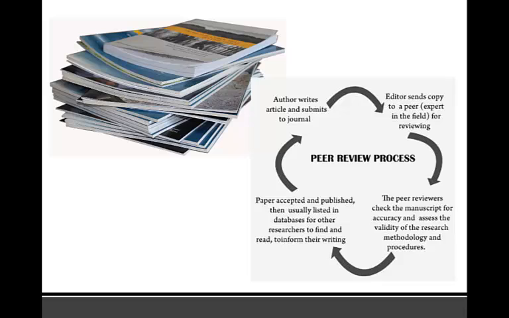If it's good, it's accepted and published, or it's sent back for revisions, which we can use a similar process in our classrooms of allowing our peers to give us feedback before something becomes final.